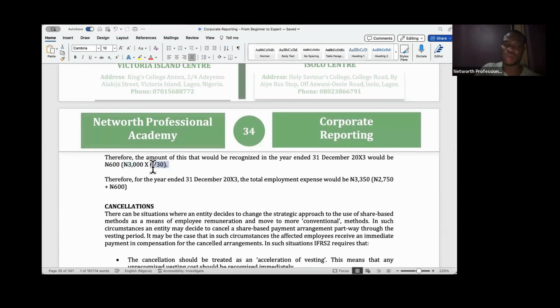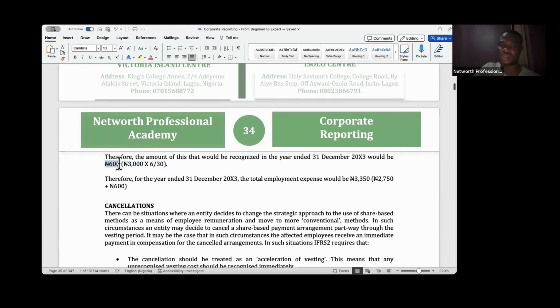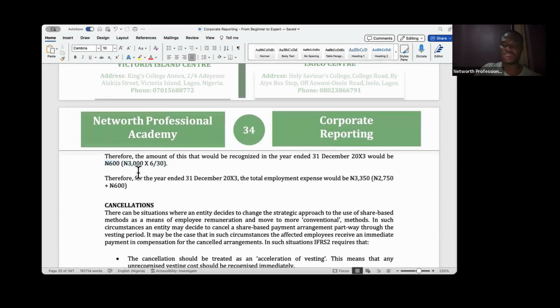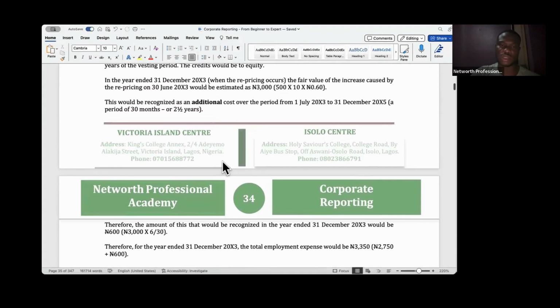And it's logical because when half a year is 600, then 2004, a full year, should be 1,200. So 1,200 plus 2,750 will give you 3,950 for 2004. So just focus on the core things and I'm sure you will get it.